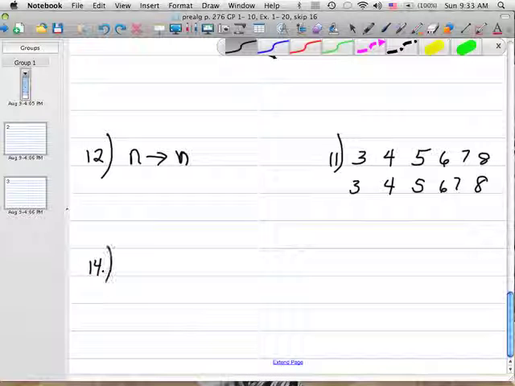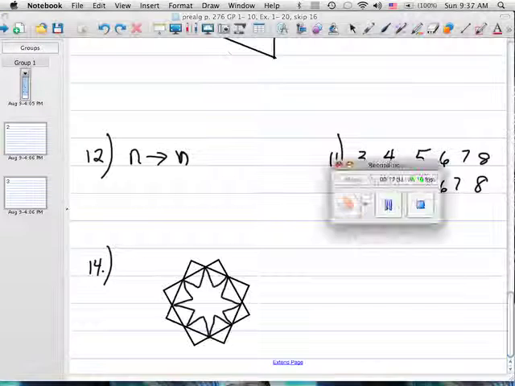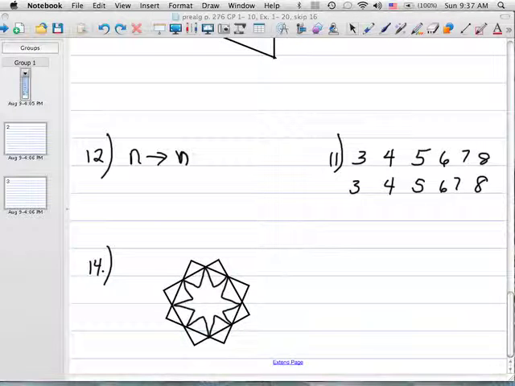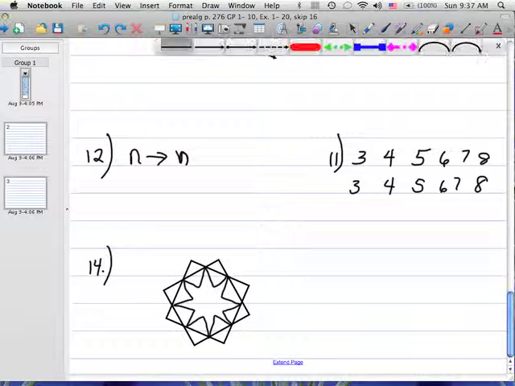Problem number 14. These are patterns that you might see in quilts, and they want to know how many lines of symmetry does that template have right now, and how many lines of symmetry can be drawn inside that shape. Well, for every point of the star, from one point to the other one directly across it, you can draw a line of symmetry.